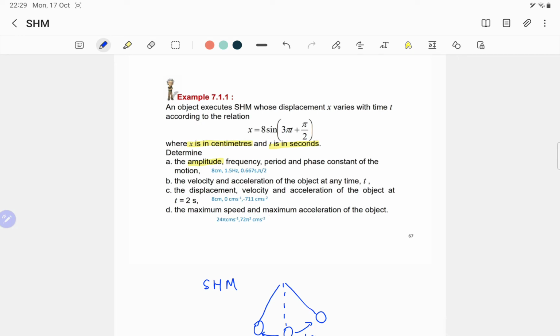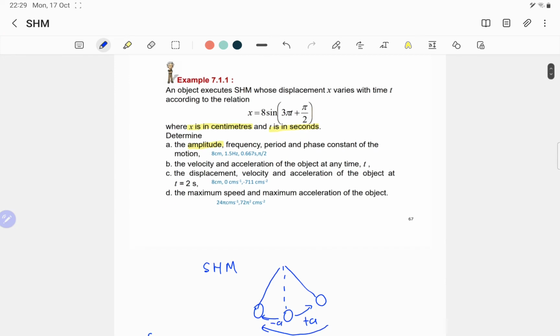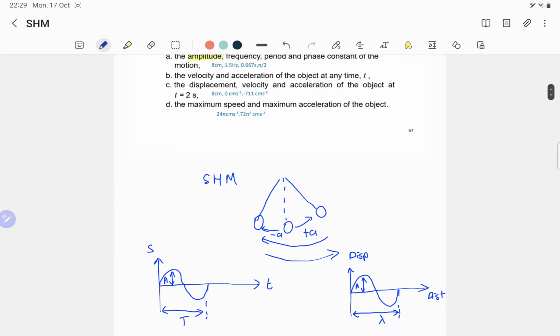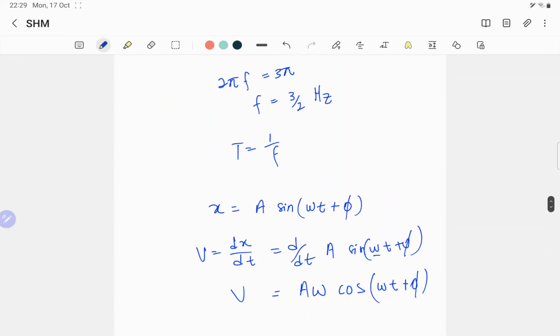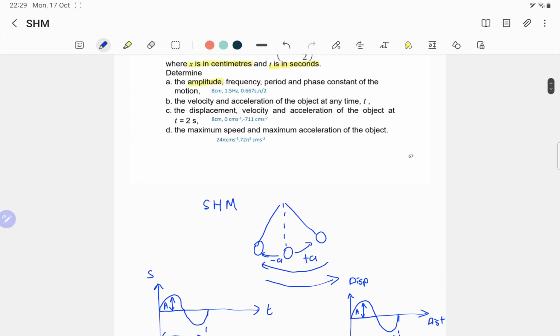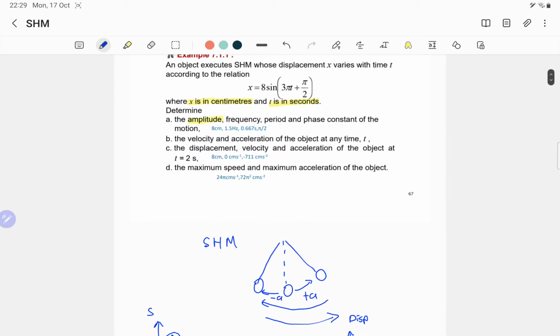When we have a maximum value, the sine or cos function of the angle will end up with 1, it doesn't matter. So for maximum speed, A omega, where A is 8 and omega is 3 pi: 8 times 3 pi, you will end up with 24 pi.